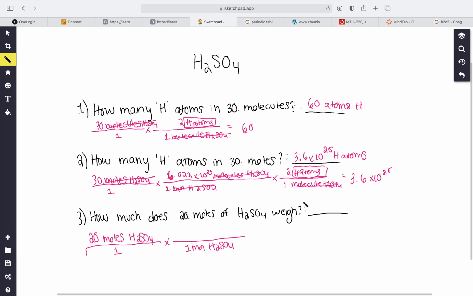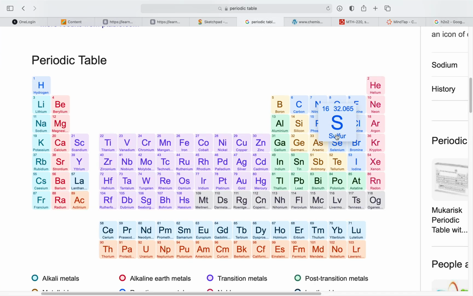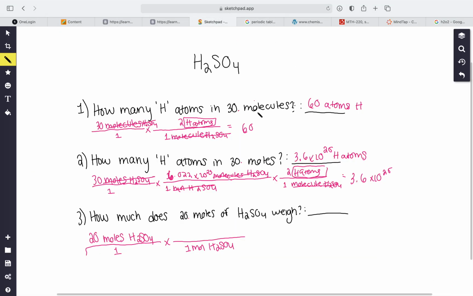And then sulfur, I never remember sulfur. If you've watched all these videos, I've said that a million times. We're going to do that plus 32.065 plus 4 oxygens, so 4 times 16 or 15.99, whatever you choose. And I got 98.065 grams in H2SO4.